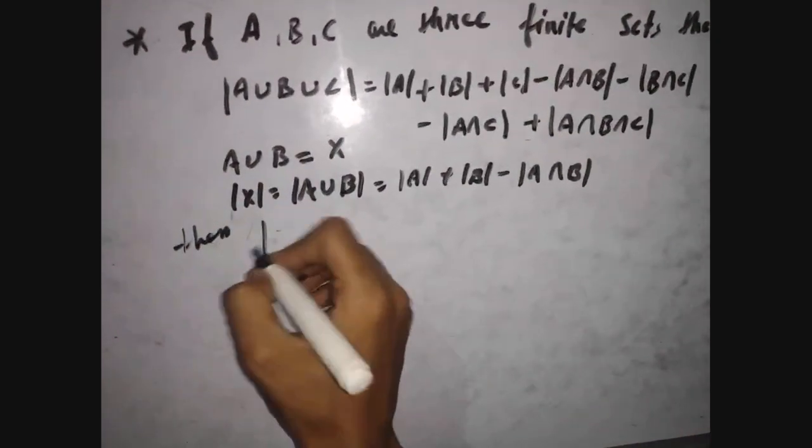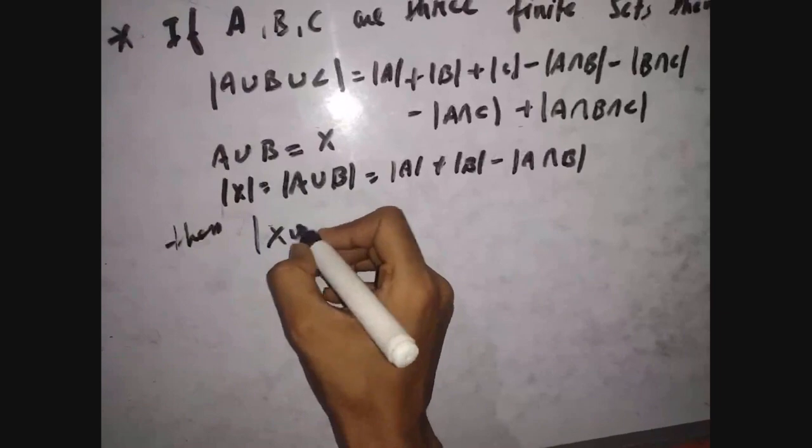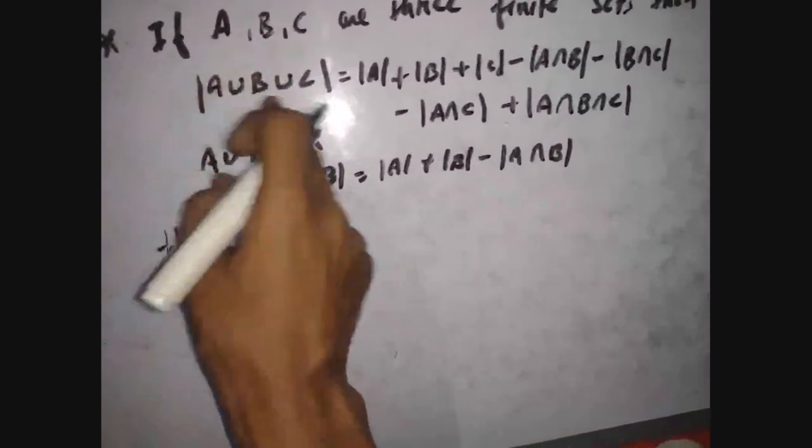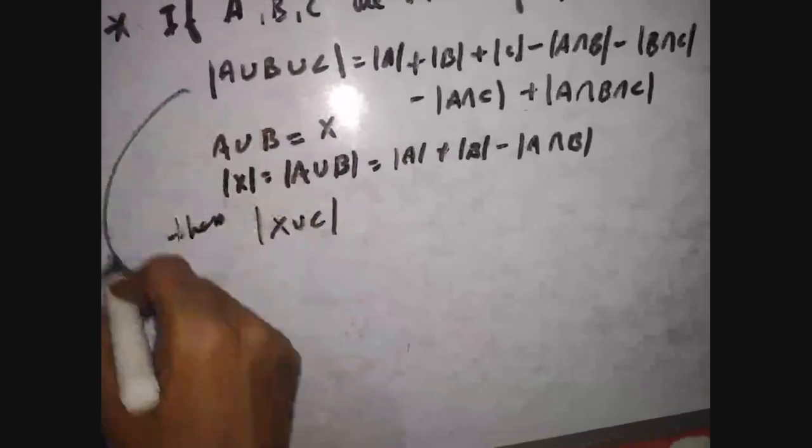Then it says X union C. Now X is A union B, so it is actually the same thing.